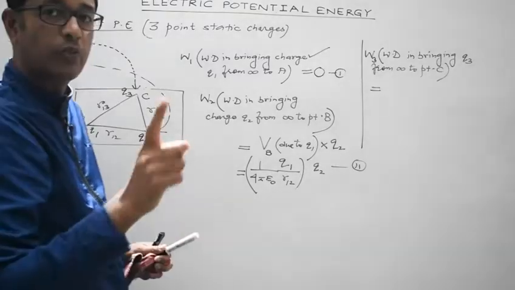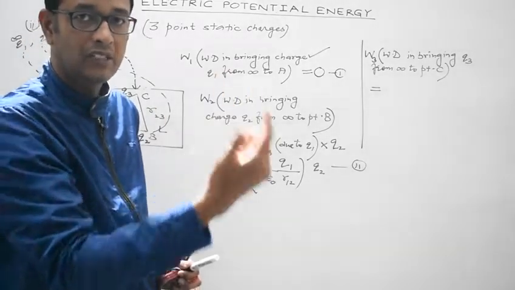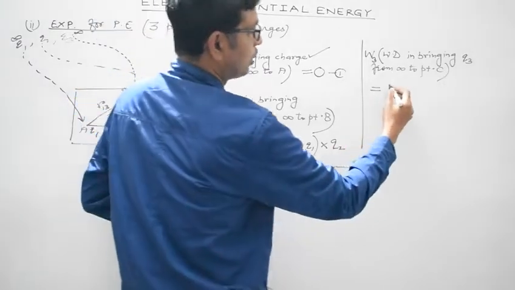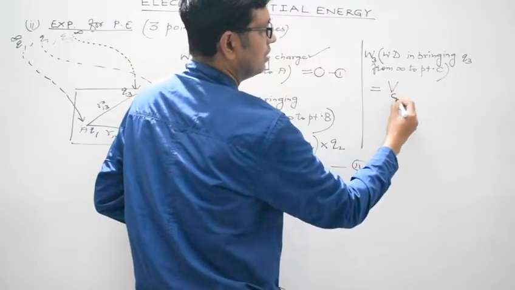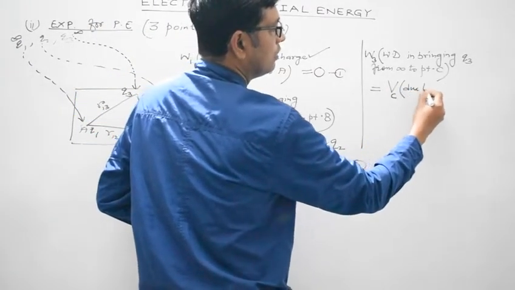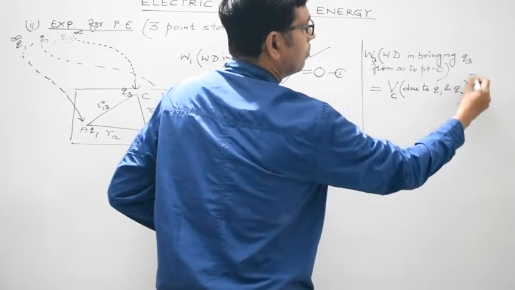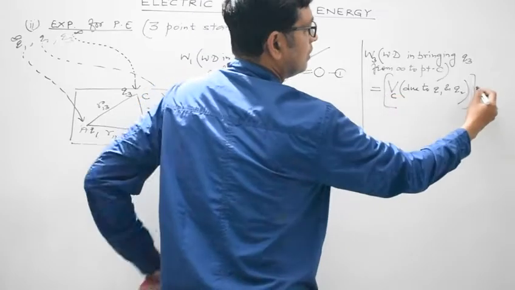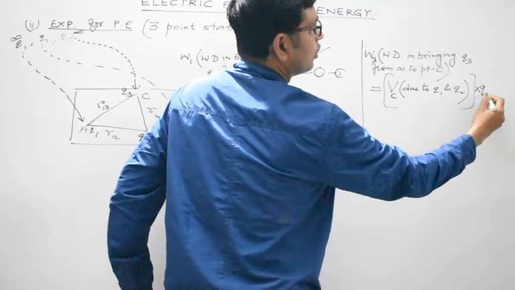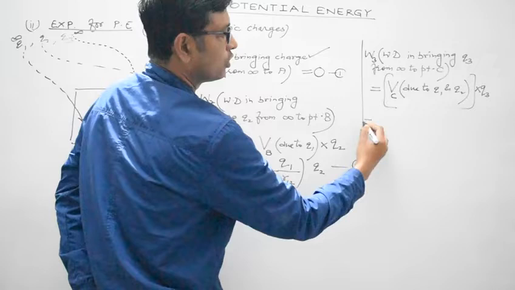So work done would be potential at that point multiplied by the charge. So it will be potential at point C due to Q1 and Q2 multiplied by charge Q3.